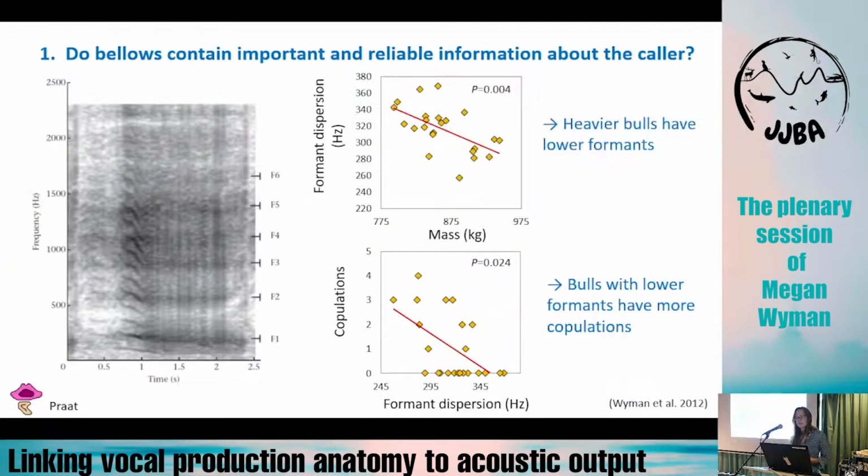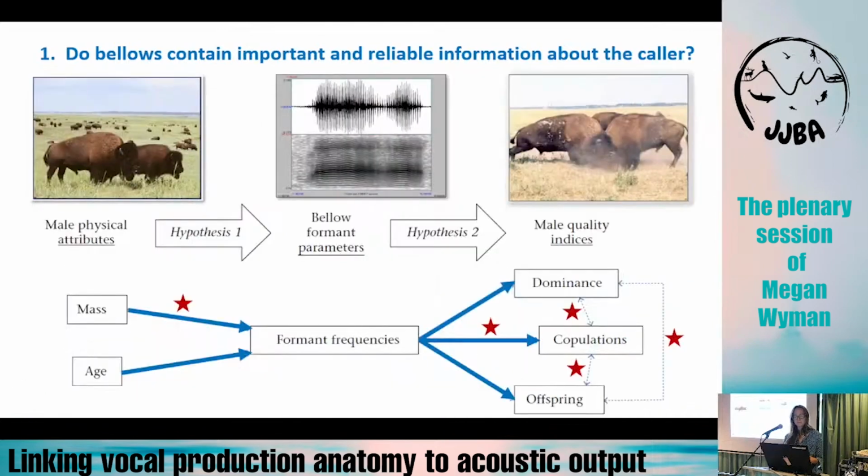So if we control for weight, why would there still be differences in formant dispersion? It could be that during development, if they have higher testosterone, their vocal tract might grow longer, so there are differences during vocal development as well as in the overall size of their body, because it can be influenced by hormonal surges and things like that.